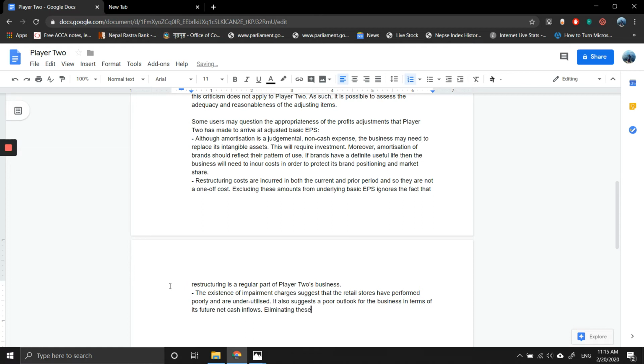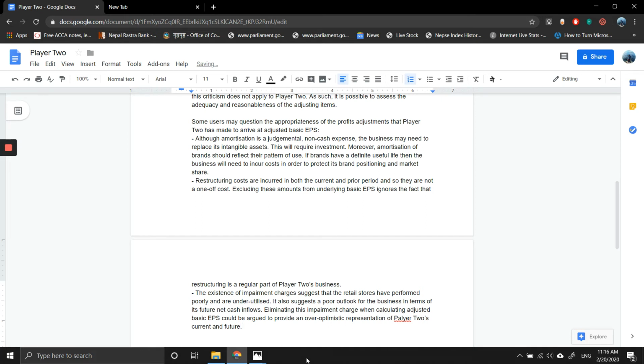Eliminating this impairment charge when calculating adjusted basic EPS could be argued to provide an over-optimistic representation of Layer 2's current and future performance, right?